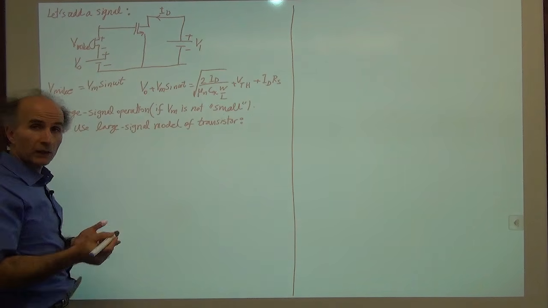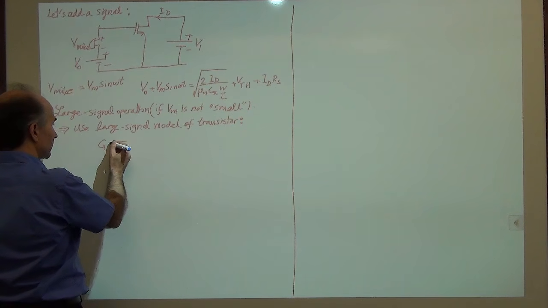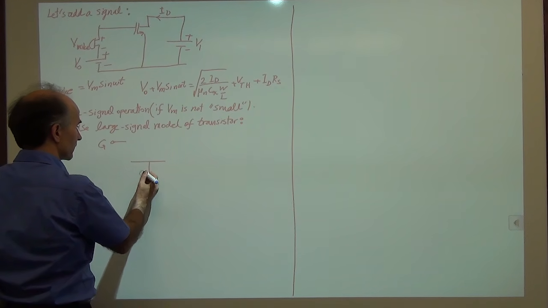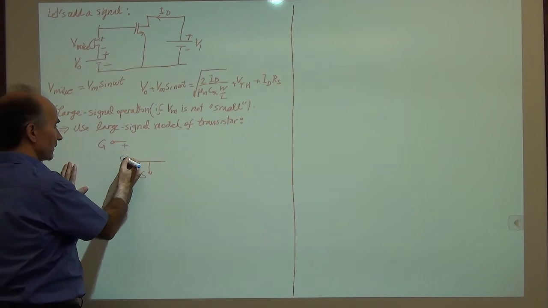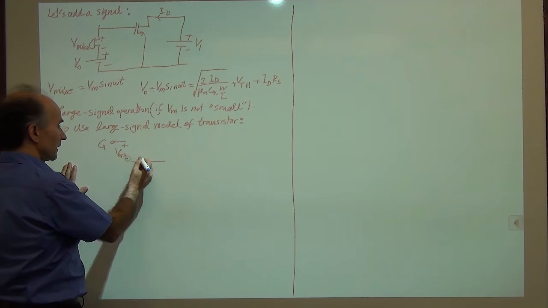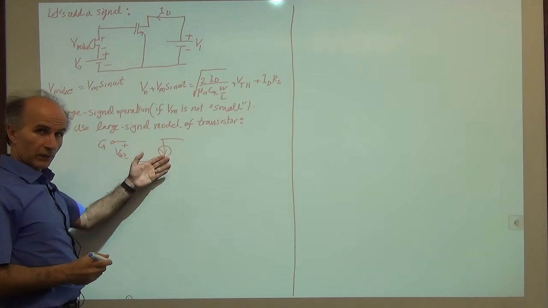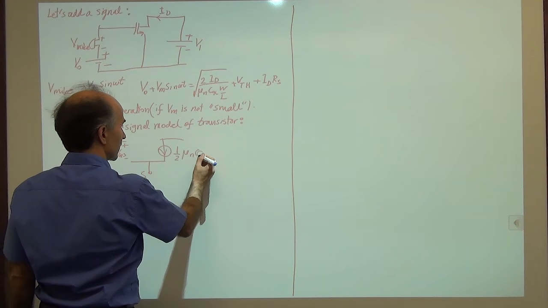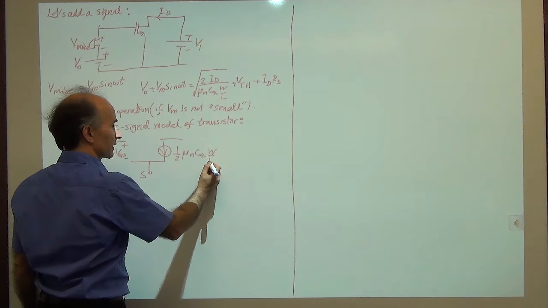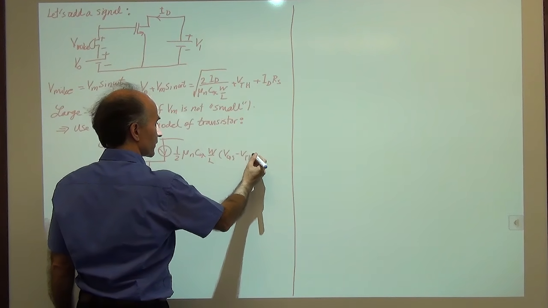So what was the model of the transistor? You remember from last time? Well, we said that we have a gate, we have a source, not much going on between gate and source, so that's sort of open. We have a VGS, and then we have a current source here. After all, it's a voltage-dependent current source. And then here we had 1/2 mu n Cox W over L times VGS minus VTH squared.